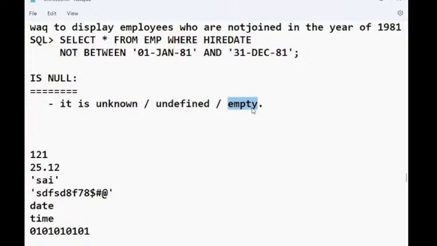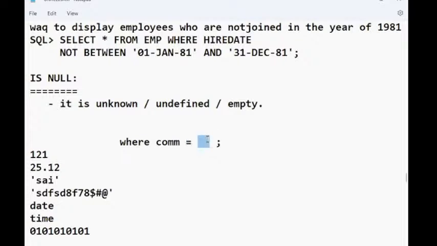And if I want to compare these empty blocks, suppose WHERE commission is null. When I give it like this, IS NULL, null means empty. Generally we use the assignment operator to assign some value.